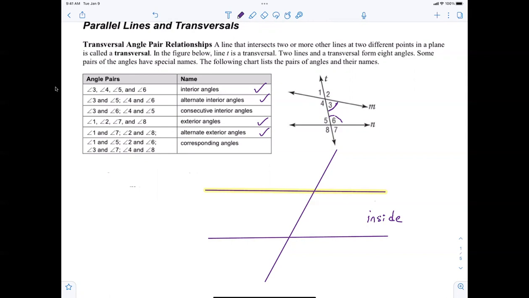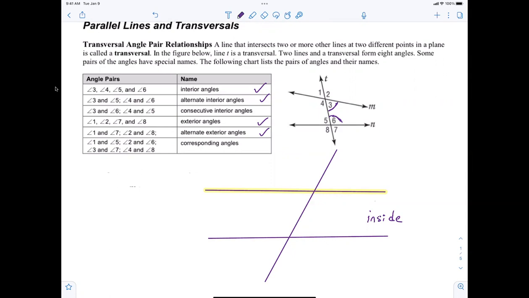So 3 and 6 are considered consecutive interior, and what else? 4 and 5. Those are considered consecutive interiors. Now, they don't really have consecutive exterior angles, for some reason. Consecutive exterior angles is not a thing.